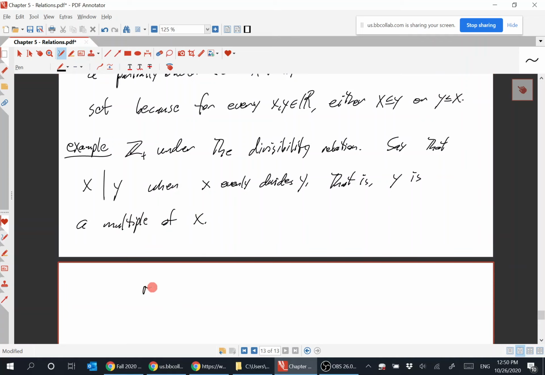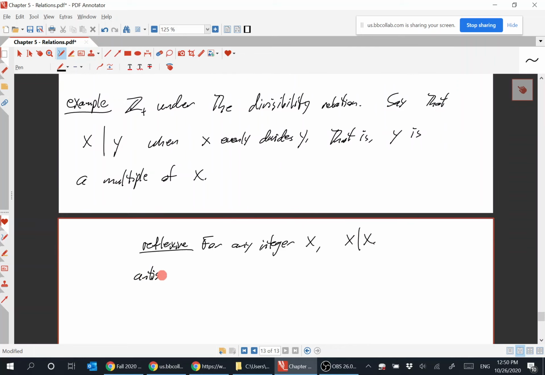Okay, is this reflexive? Right, well, for any integer x, does x divide x? Is x a multiple of x? Yes.